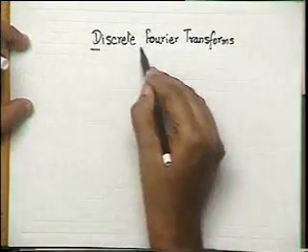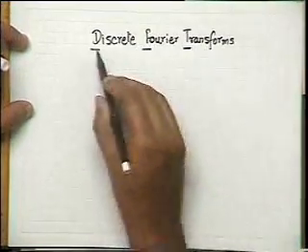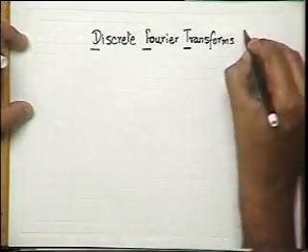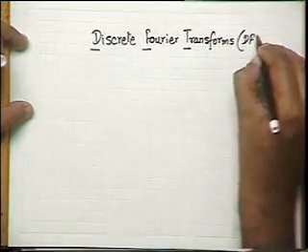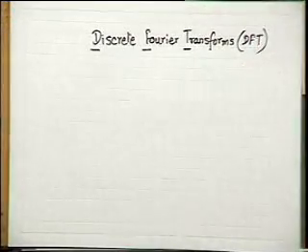Taking the three alphabets D, F and T, it is widely used in the short form as DFT. So, henceforth we will also say DFT rather than calling the big word discrete Fourier transform.